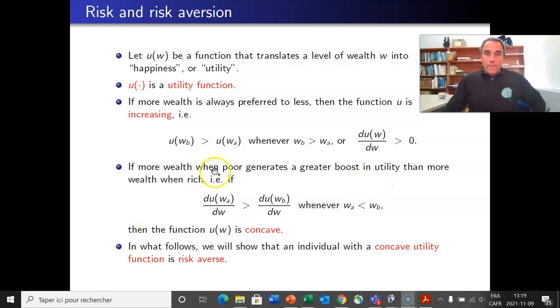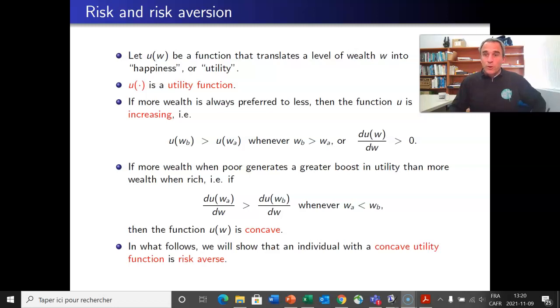So increasing the wealth of someone who's poor generates a greater boost in utility than increasing the wealth of someone who's already rich, which means the slope of the curve for small values of W is greater than the slope of the function with large values of W. So we say the function is concave.